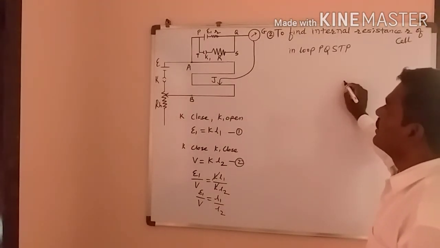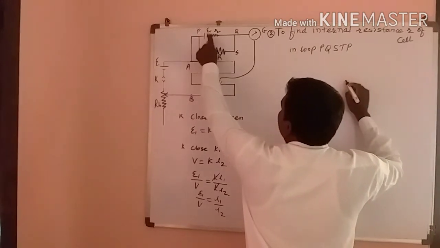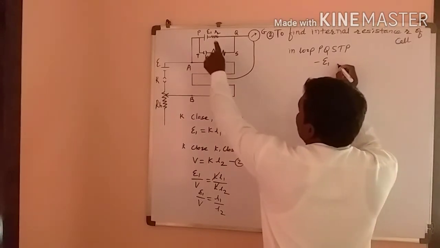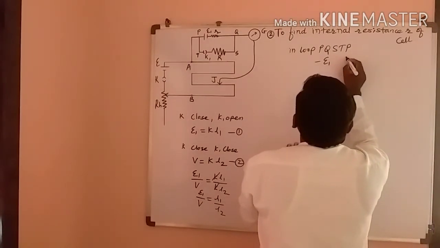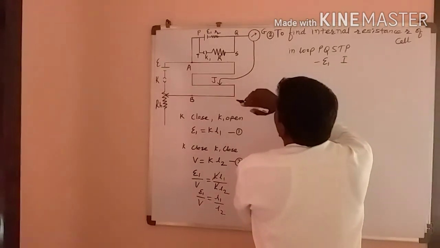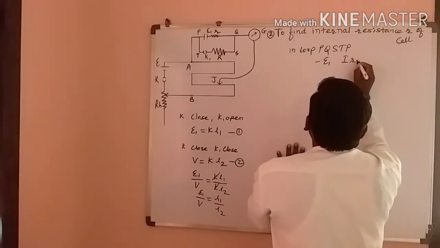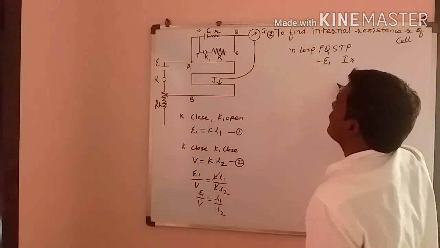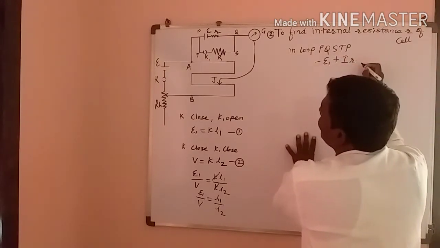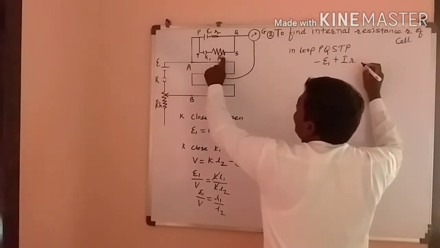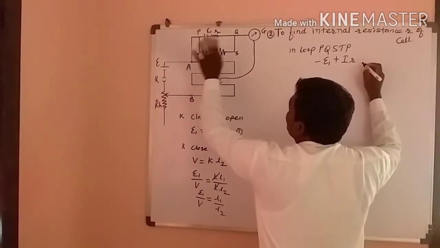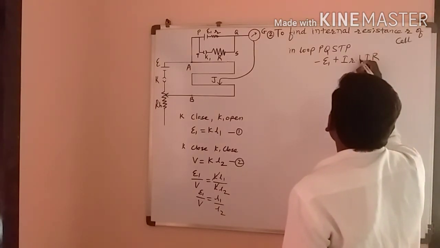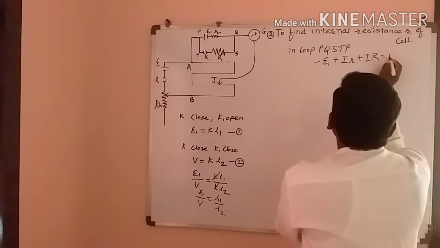The end of this EMF is on the negative terminal, so we write minus E1. Current flowing through the circuit is I, so the potential difference across the internal resistance is Ir, and it is opposite to the conventional current, so it gets a positive sign. Again, here it is also opposite to the conventional current direction, so IR also has a plus sign, equal to 0.